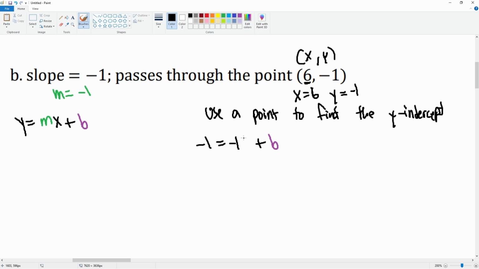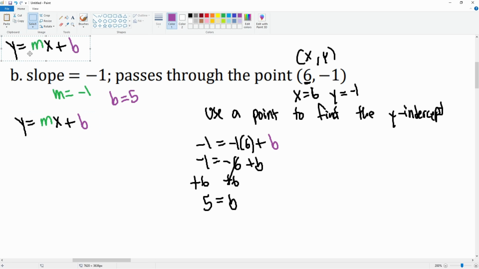When we substitute that in, let's put that in parentheses, plus b. What is -1 times 6? That is -6. We bring down the plus b. How do you get rid of a -6? We add 6 to both sides. This cancels out, making 0. -1 plus 6, which is 5, equal sign, bring down the b. So the y-intercept b is equal to 5.